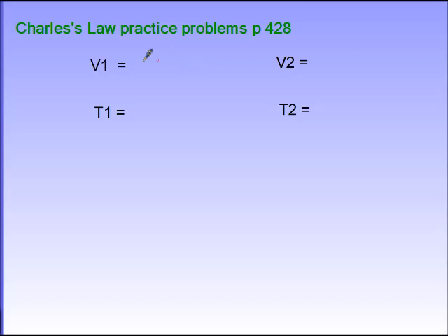Well, my volume 1, my first set of conditions, is 2.5 liters and 300 Kelvin. Volume 2 is what I'm trying to find. I put a question mark there. My temperature of liquid nitrogen is 80 Kelvin. So if you can see, my temperature went down, the volume should do what? So if you said go down, you're correct.